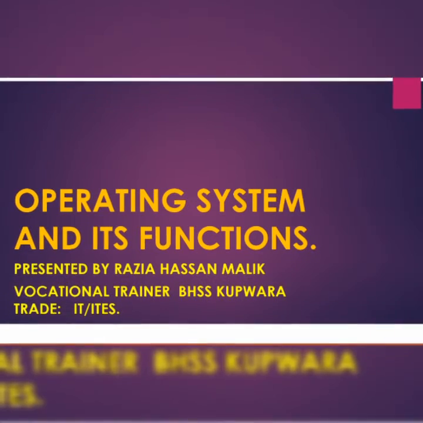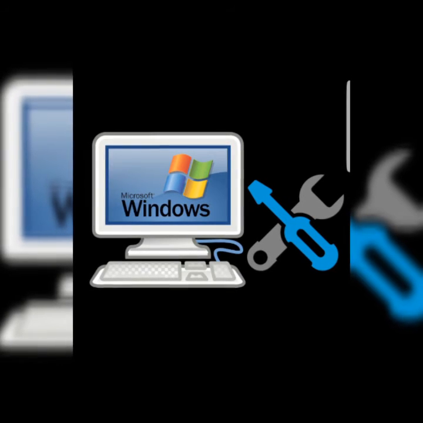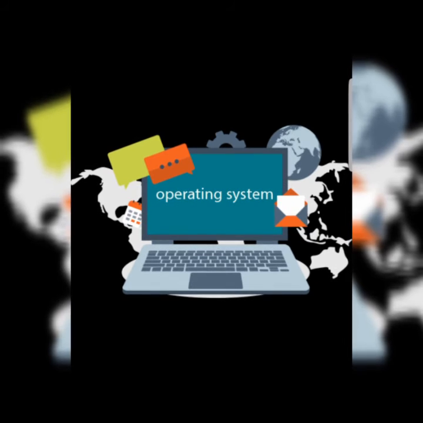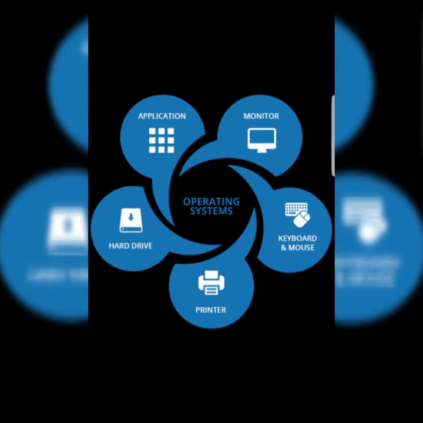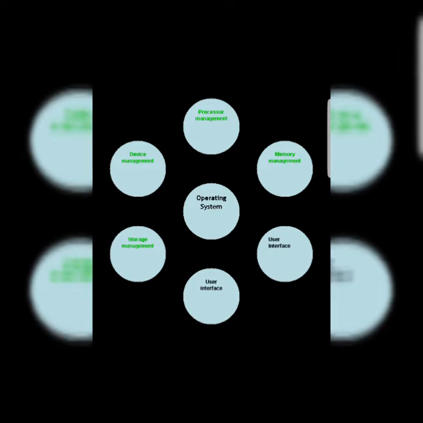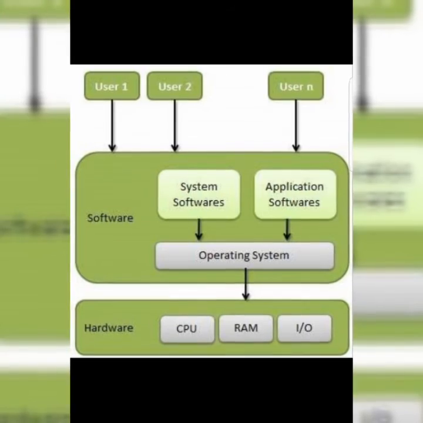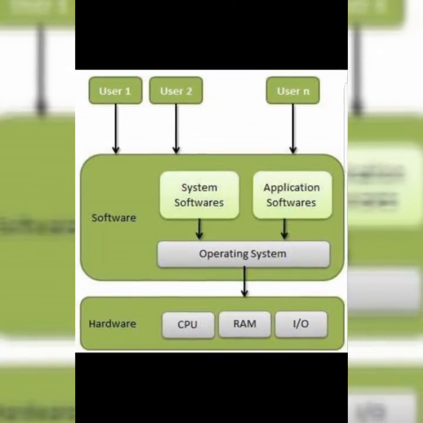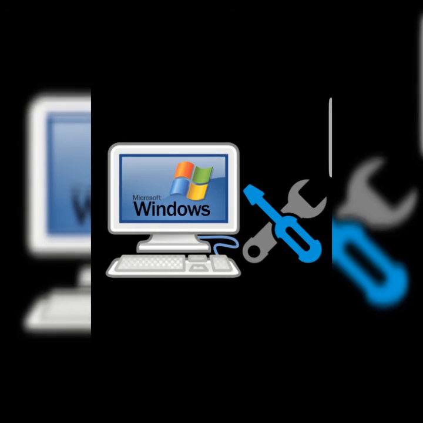The operating system manages, controls and schedules all the processes being executed in the computer. It also decides which process gets the processor and for how long a process needs the CPU.